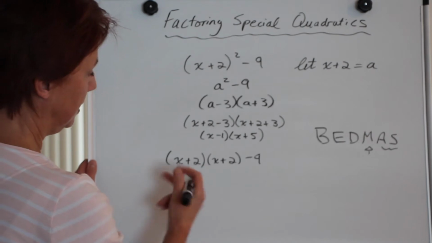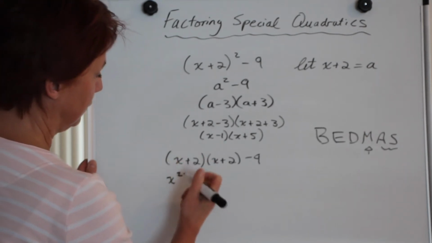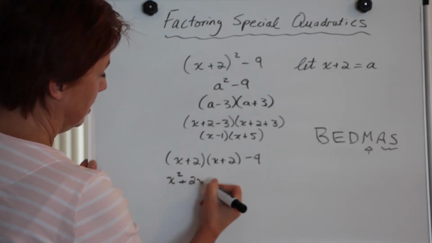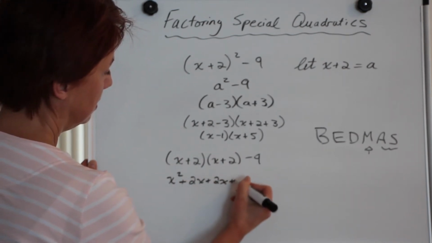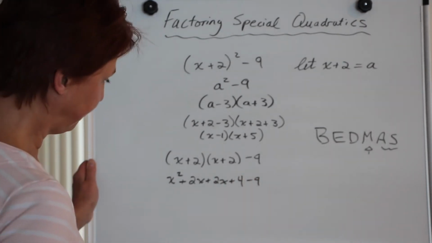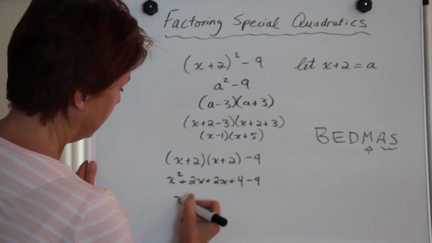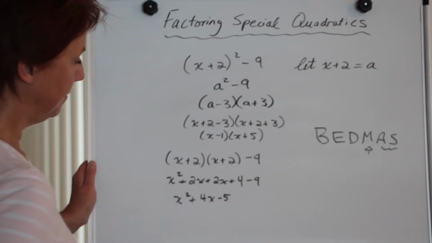So I have to multiply this out. So we get x squared using the FOIL method, first terms, outside terms, inside terms, last terms, and I can tuck the minus 9 behind there. And then combining my like terms, I get that.